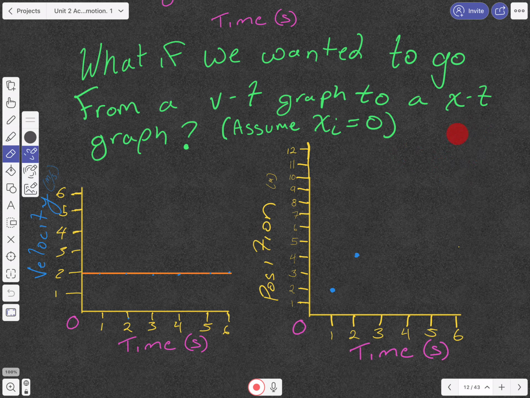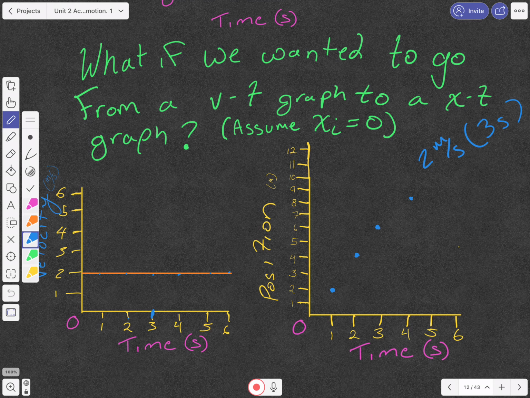And same thing for 3 seconds. It's still 2 meters per second. But now we're at 3 seconds, so we're at 6. And some of you have recognized the pattern by now.